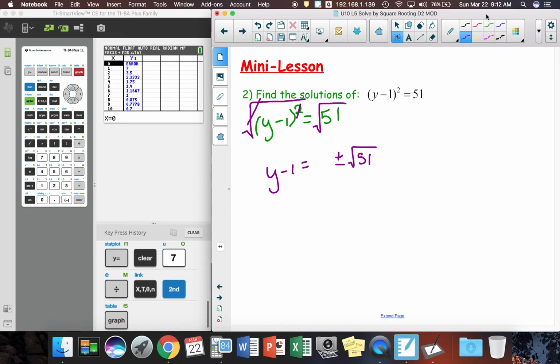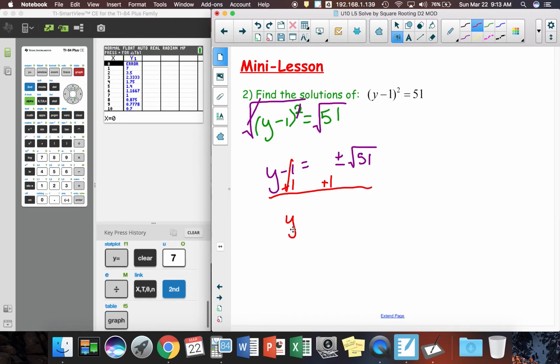Now we're almost done, but the variable is not isolated just yet. So in order to isolate the variable, I need to get rid of this minus 1. We do the opposite, so we add 1 here, and we add 1 here. Now, I can't go inside of this radical. I can't just add into that. So what I need to do, I'm just going to write plus 1. And in order to write out my problem, I'm going to cross that out.